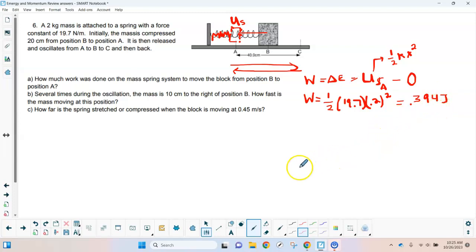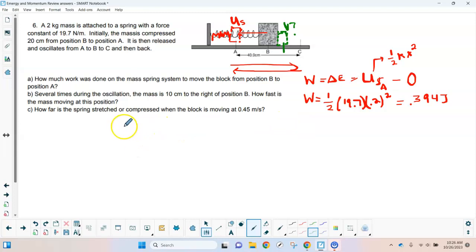Okay, so for part B, it says at several points during the oscillation, the mass is 10 centimeters to the right of position B. So it's like over here somewhere. And we want to know what's the speed of it when it's moving at that point. So we're looking for how fast is it moving at that position.